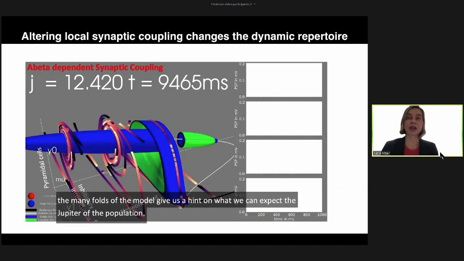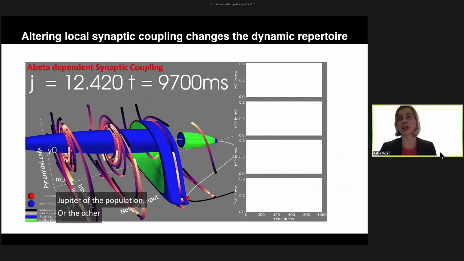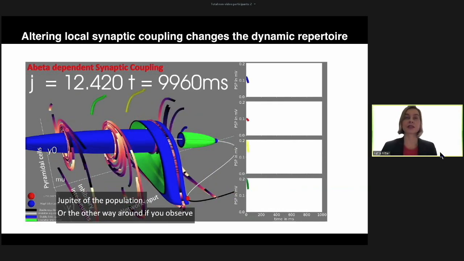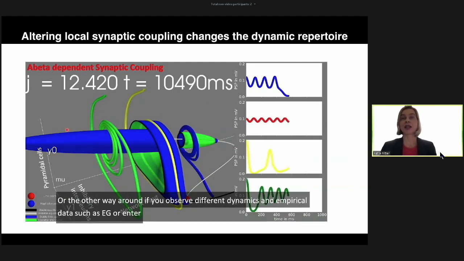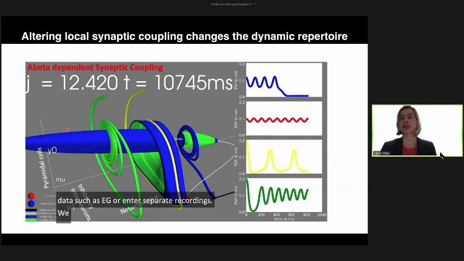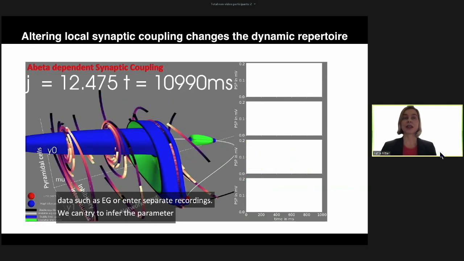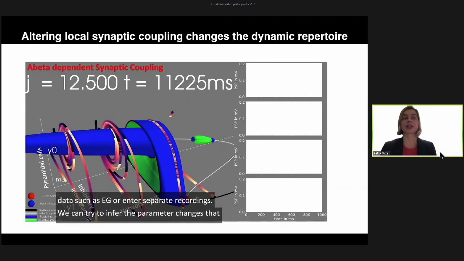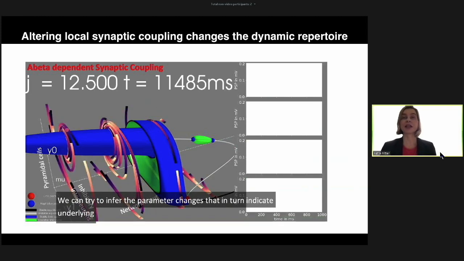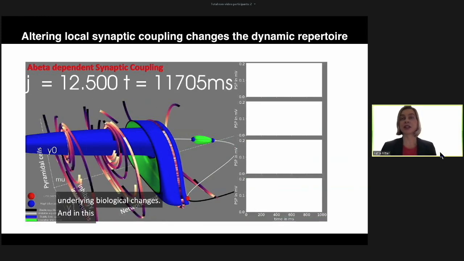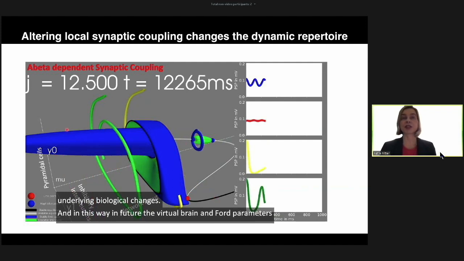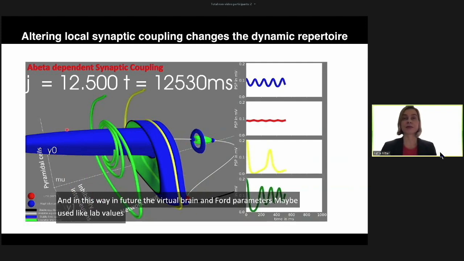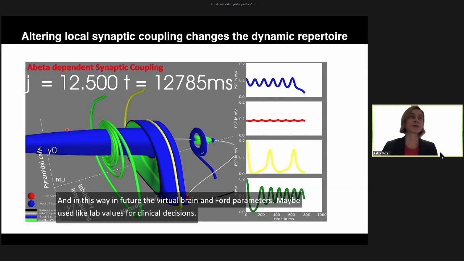Or the other way around, if we observe different dynamics in empirical data, such as EEG or intracerebral recordings, we can try to infer the parameter changes that in turn indicate underlying biological changes. And in this way, in future, the virtual brain inferred parameters may be used like lab values for clinical decisions. This is the vision.